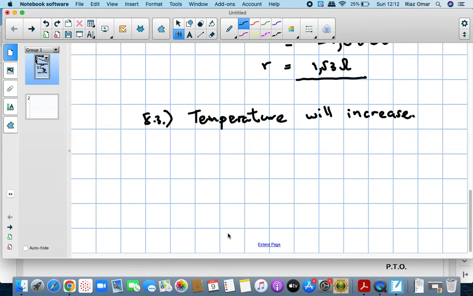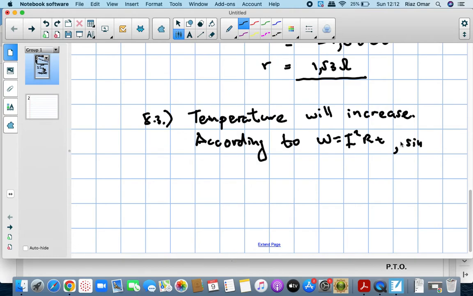Because there's a conductor put there, basically you are bypassing the resistance, so your resistance will decrease, right? So we can say according to W, because we're talking of work and energy, W equals I squared RT.